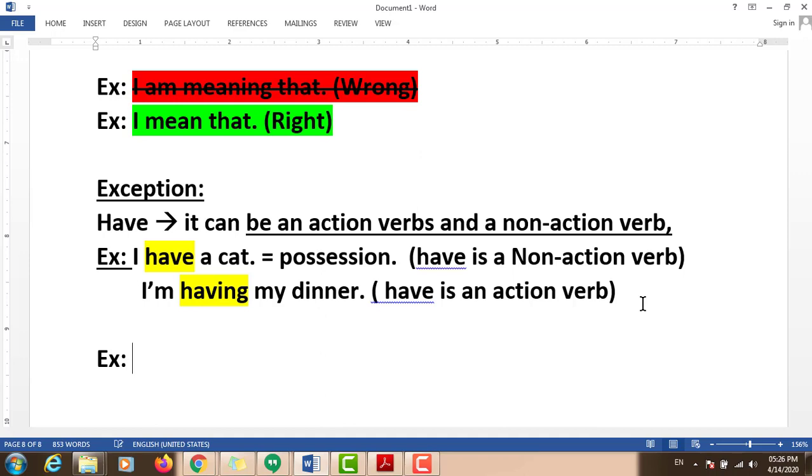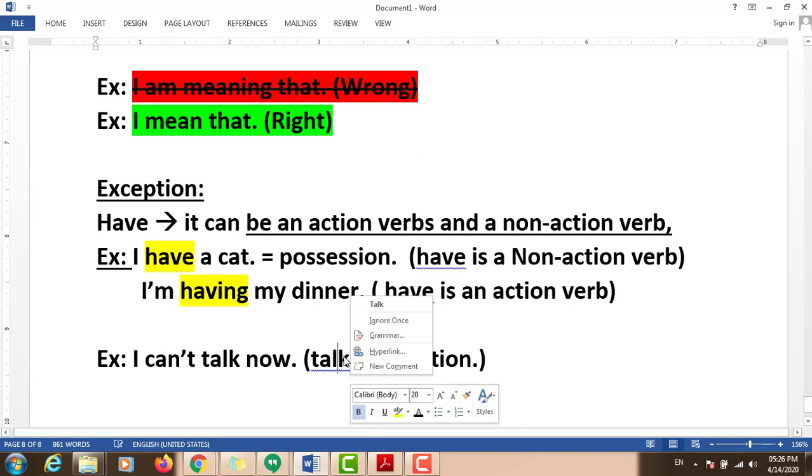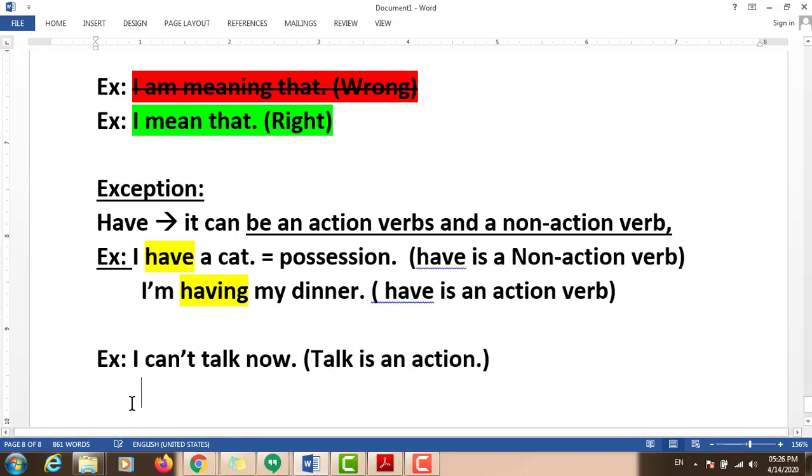Example 2. I can't talk now. So this is an action verb. Talk is an action verb, so you can use it in simple present. And also you can use it in continuous. Okay, so this one is an action verb here.